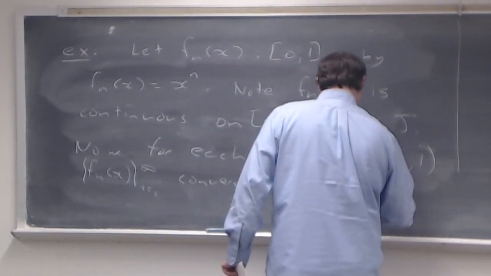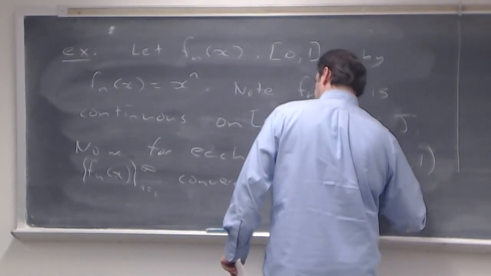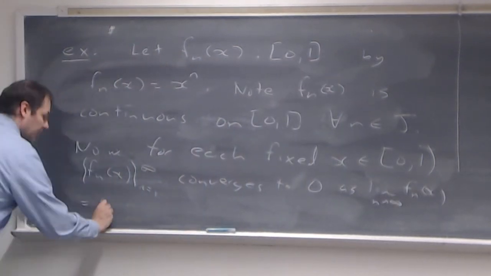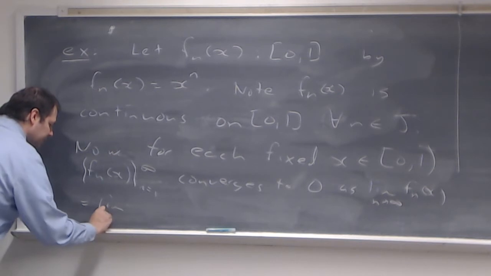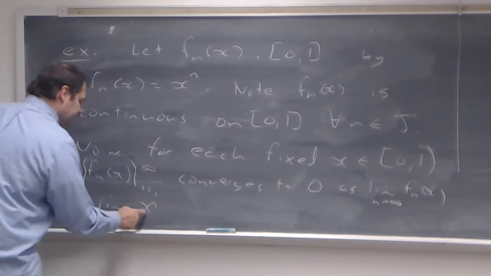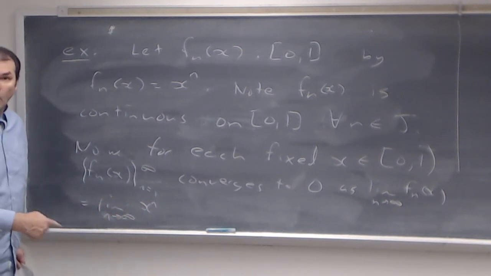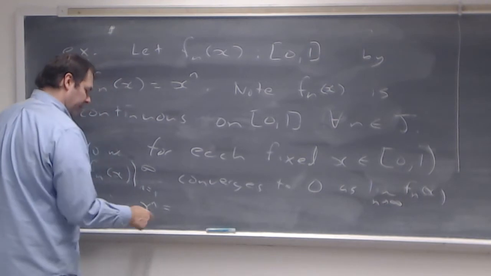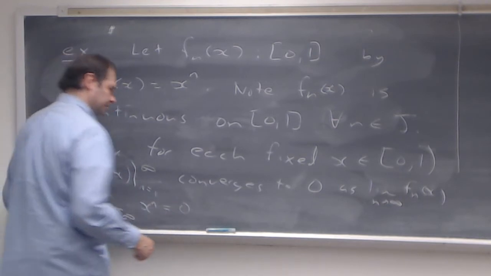As the limit as n goes to infinity of f sub n of x would be equal to the limit as n goes to infinity of x to the n. And since this number is 0 or in between 0 and 1, when you raise that to higher and higher powers, it's closer and closer to 0.